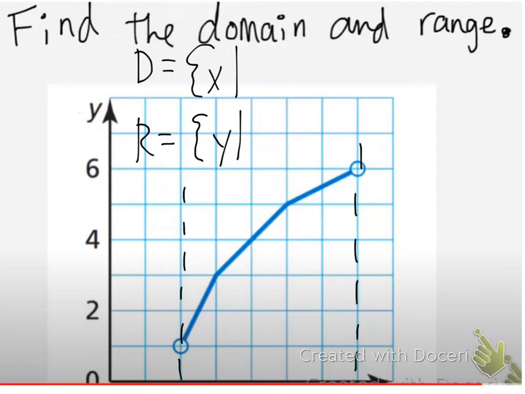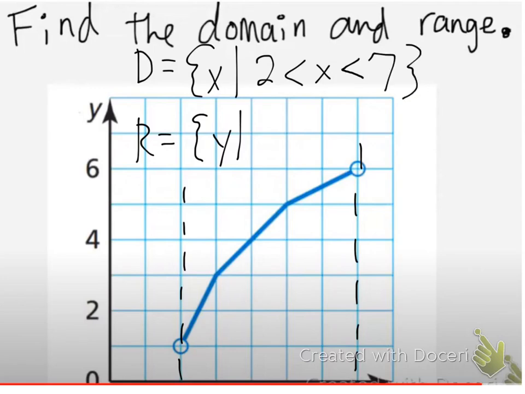So how would I write that as an inequality for my domain? And think about if these are open or closed circles here. Would it be 2 is less than y? I mean x. X, yep. And then less than 7.